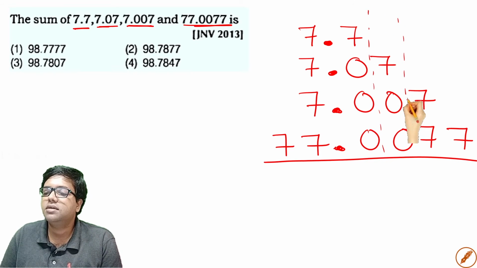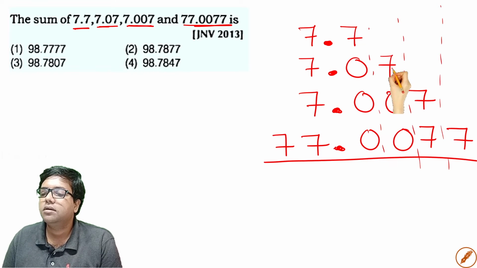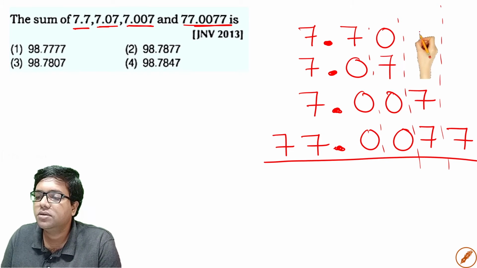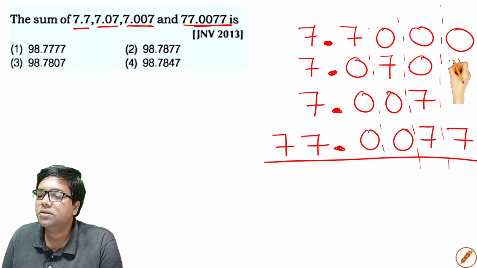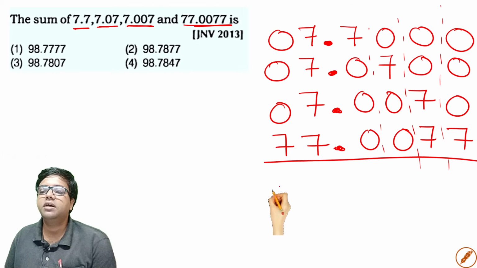You need to understand this particular order. If you can't, then place the zeros there. Now it became the right order.